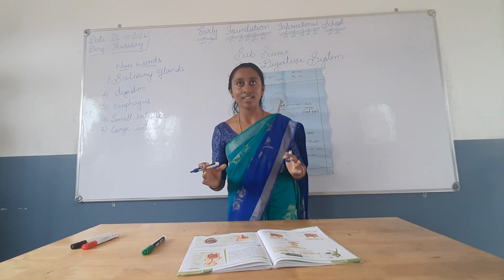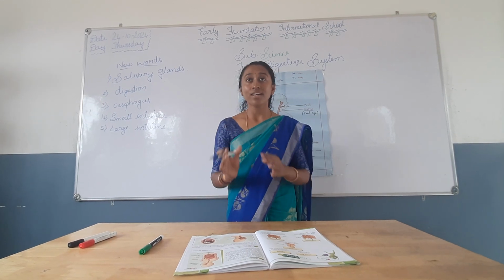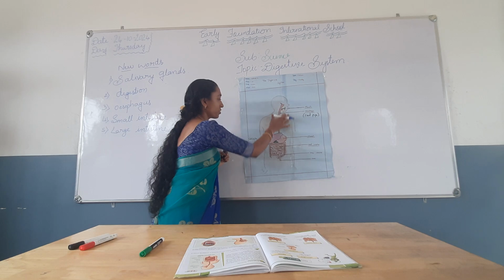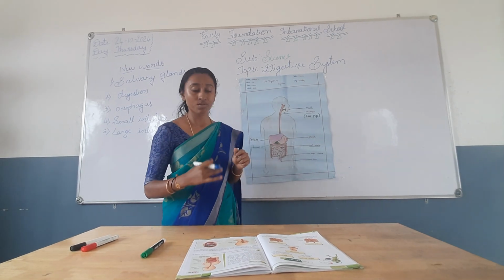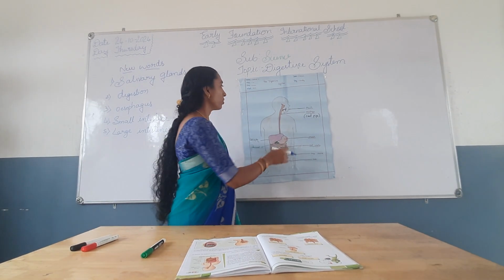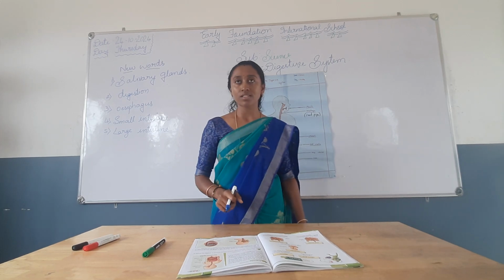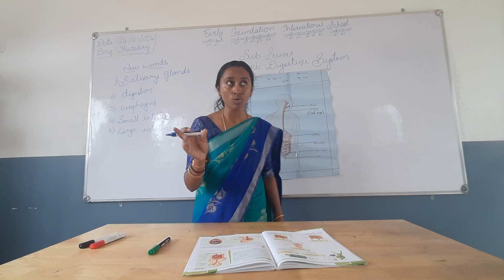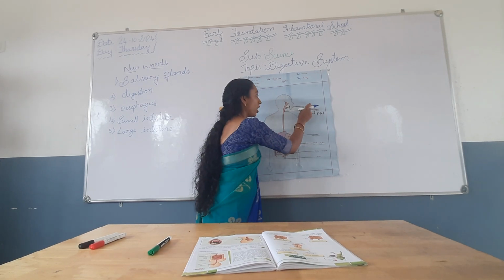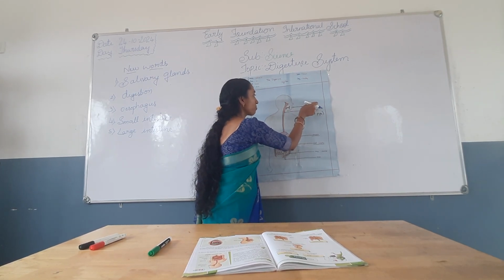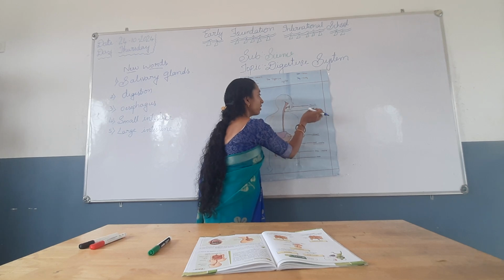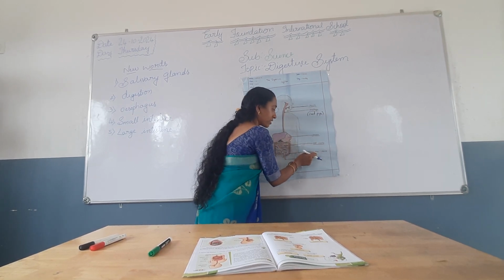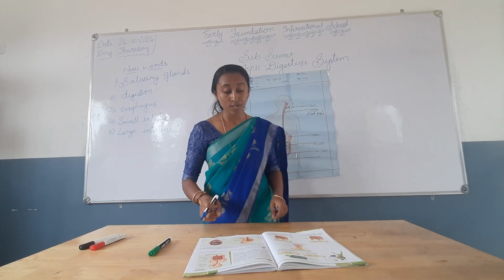Now the main agenda, coming to the point, is the digestive system. What are the parts and processes in our digestive process? The digestive system of a human body is an organ system that includes, first, the mouth, then food pipe, stomach, small intestine, large intestine, and anus.